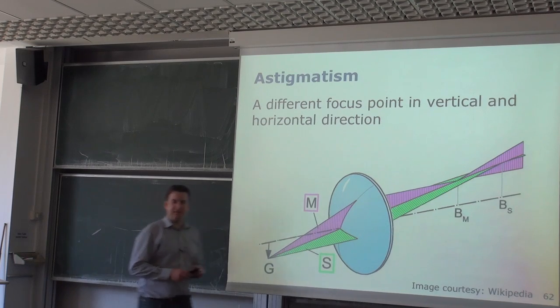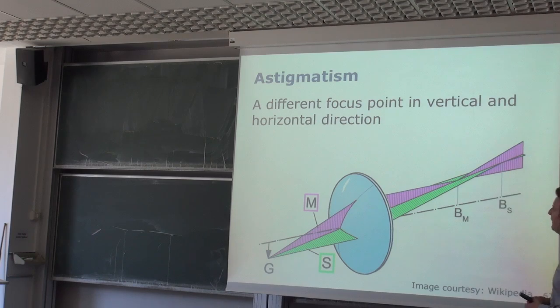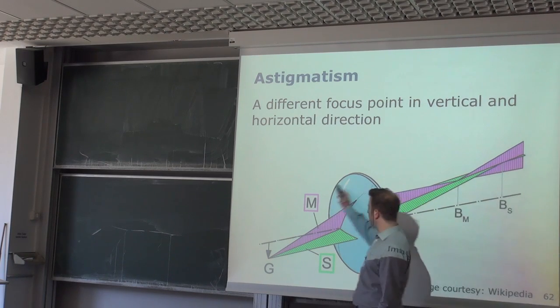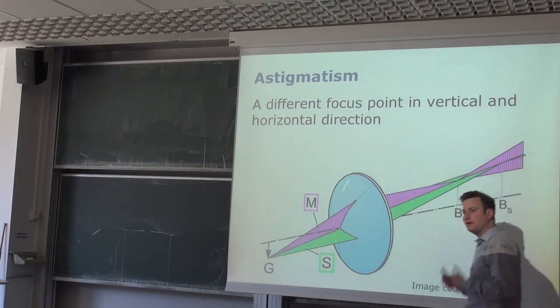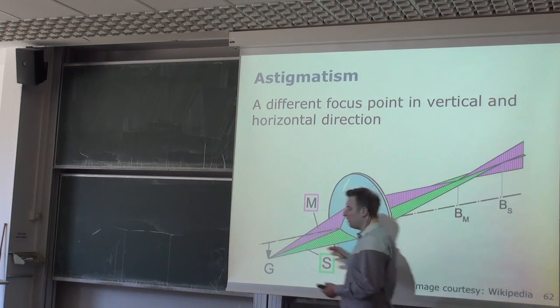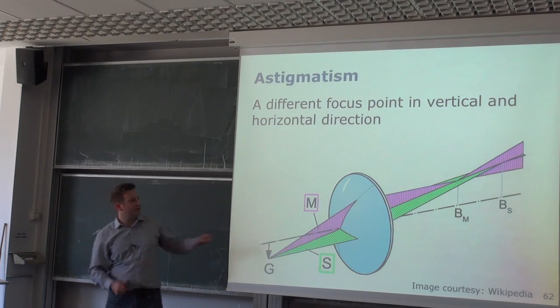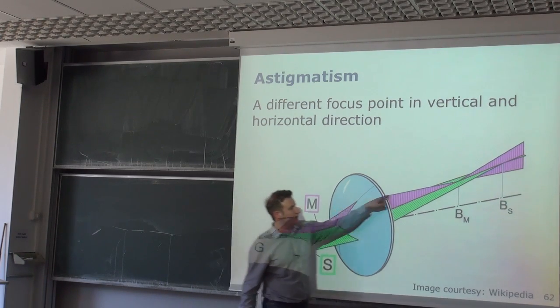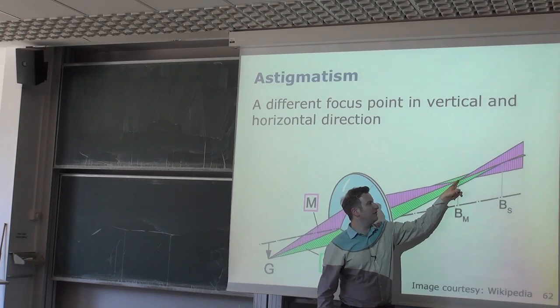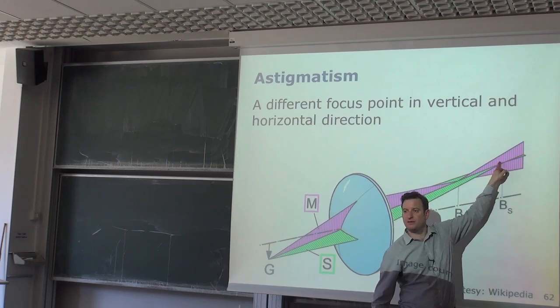The next thing is something that people who have glasses may know: astigmatism. This is basically an effect where you don't have a perfectly circular lens, or your eye is not a perfectly circular lens, and you have a different focal point in the horizontal and in the vertical direction. So you can see that in this direction over here, the focal point is here, and in the horizontal direction, it sits over here.